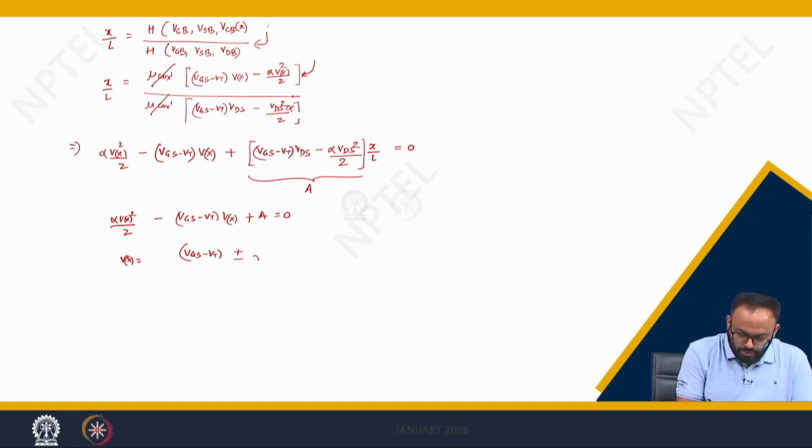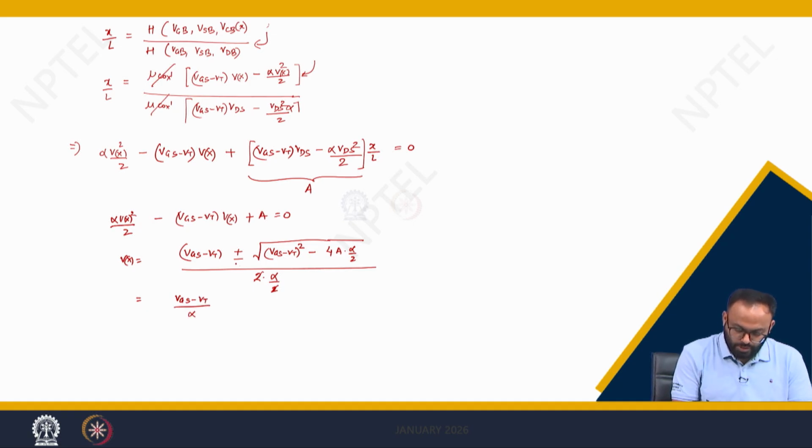plus or minus square root of VGS minus VT whole square, minus 4 times a into alpha by 2, divided by 2 times a, or alpha by 2. This 2 does get cancelled. You will be left with VGS minus VT divided by alpha, right.